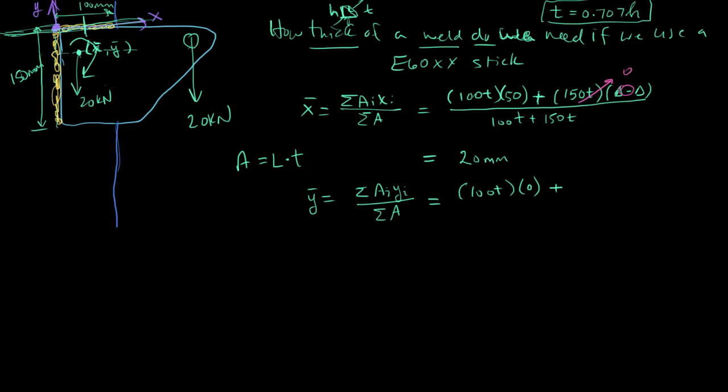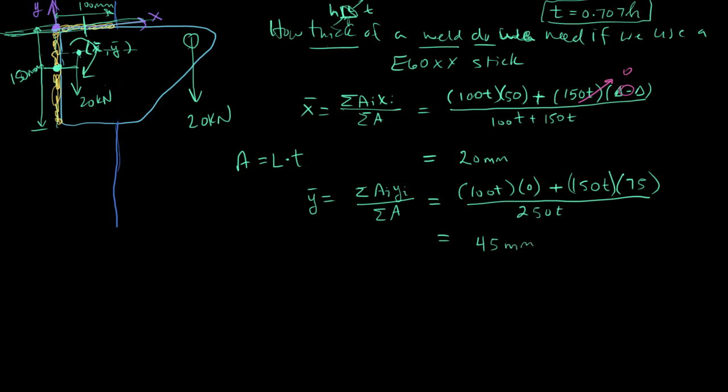And then we add the vertical weld group, which is 150 times T, times the distance to the center of that weld group, which is half of 150, which is 75, over the overall area, which is 250t, which gets us the centroid of 45 millimeters.